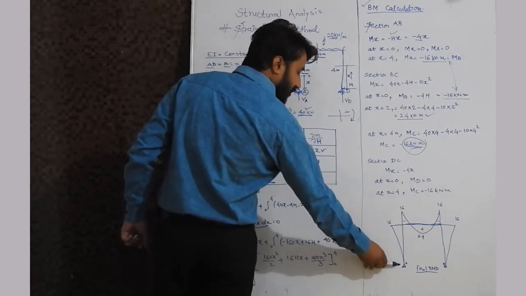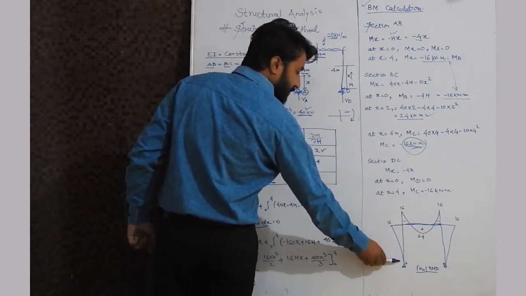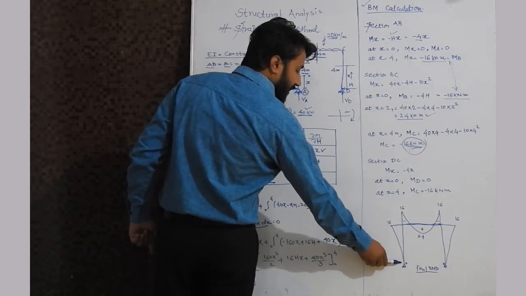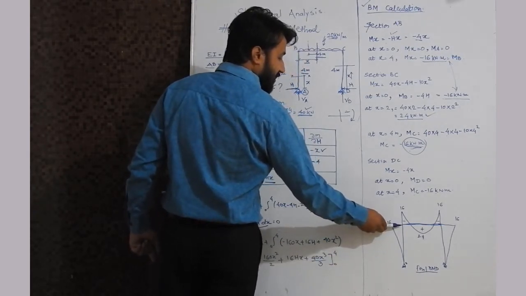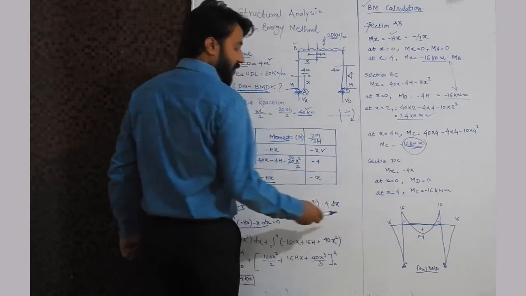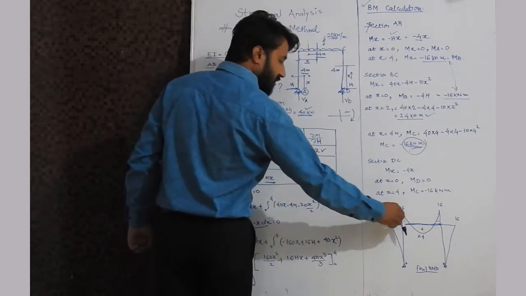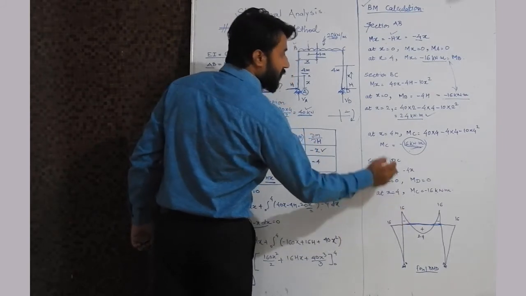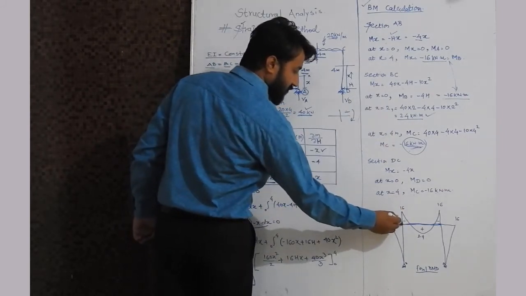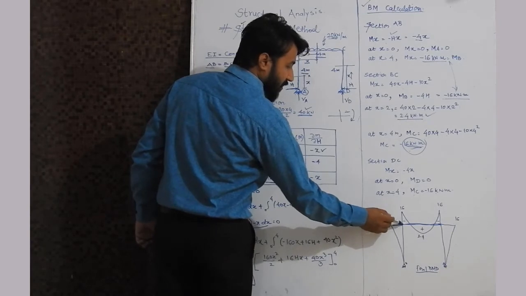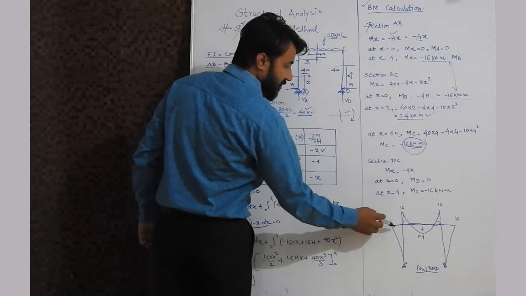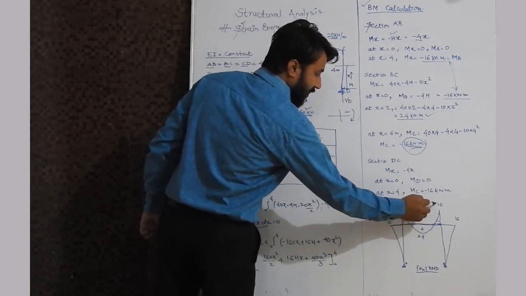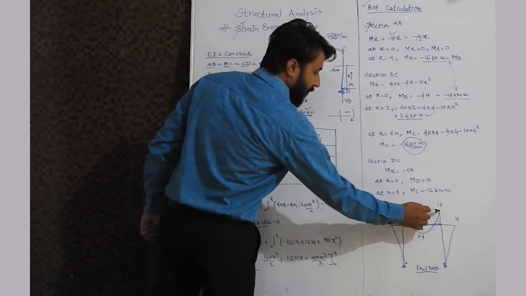In the bending moment diagram for section AB, moment at A is 0 and moment at B is minus 16. So minus 16 will be negative on this side. Now again on this side minus 16, then this is again minus 16 above this point.